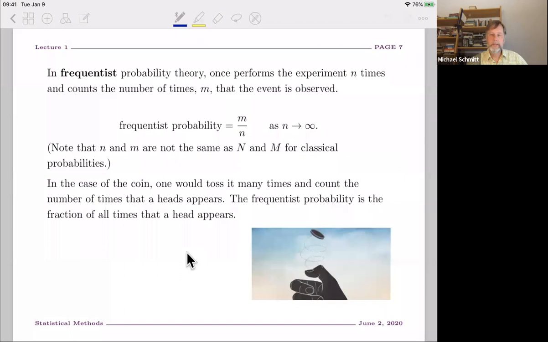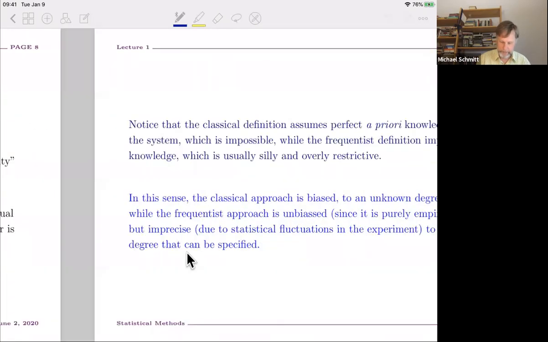So in certain well-controlled situations, a Bayesian approach is considered superior, but the Bayesian approach occupies a position halfway between the classical approach, which assumes too much, and the frequentist approach, which makes no use of prior information. I think on Thursday we will definitely talk about Bayesian methods. So thanks a lot for those questions and comments. I appreciate it.